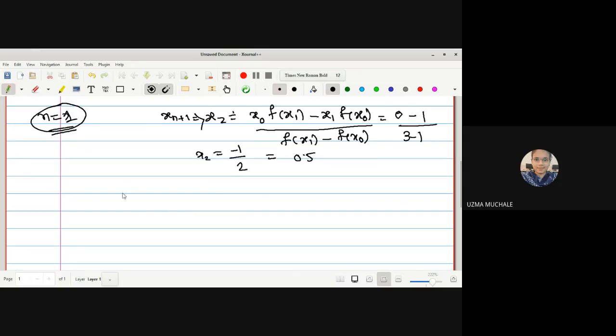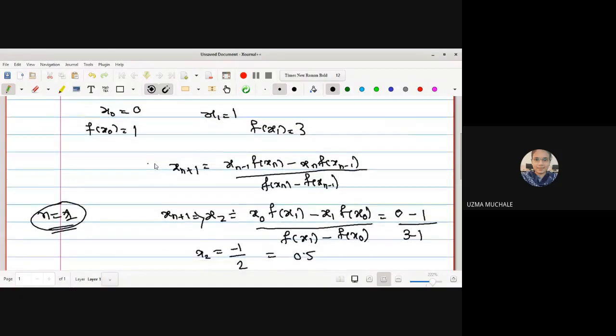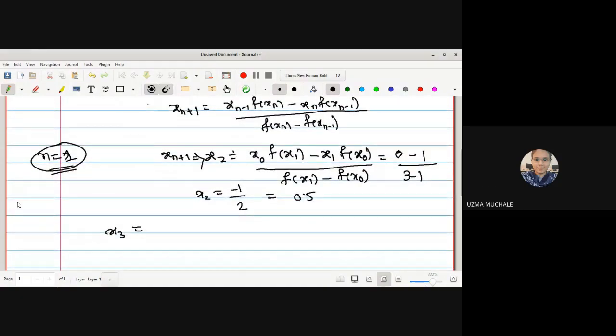Similarly, we can find the value of x3. What will be the change in the formula? Wherever you have n equal to 1, you have to put n equal to 2 in this formula.